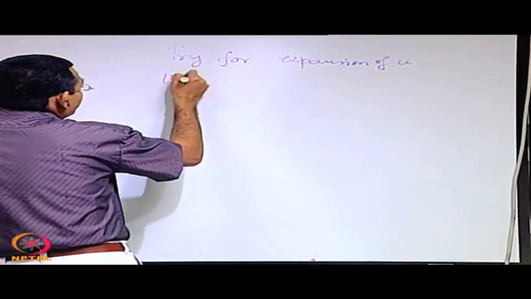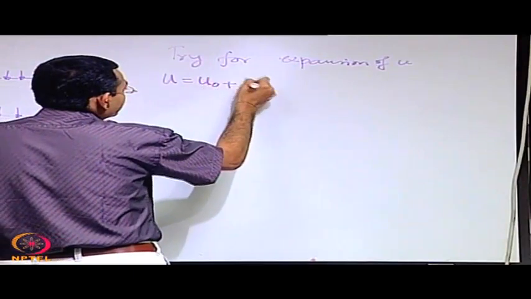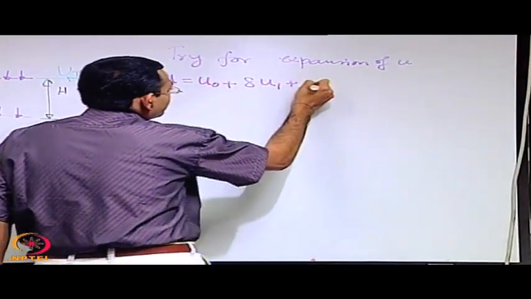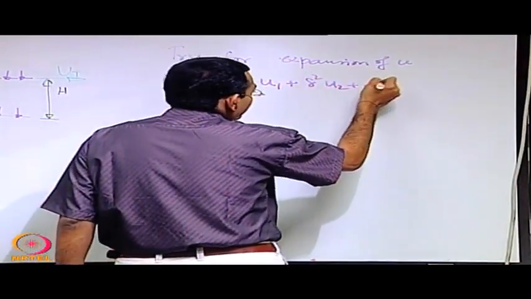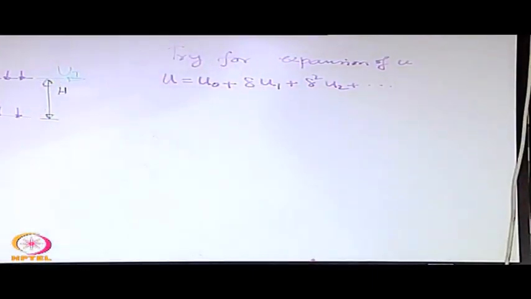So you write u equal to u0 plus delta u1 plus delta square u2 in this way. Now in place of epsilon your small variable is delta. Substitute it here. This is 1 by delta, so this delta has gone here.